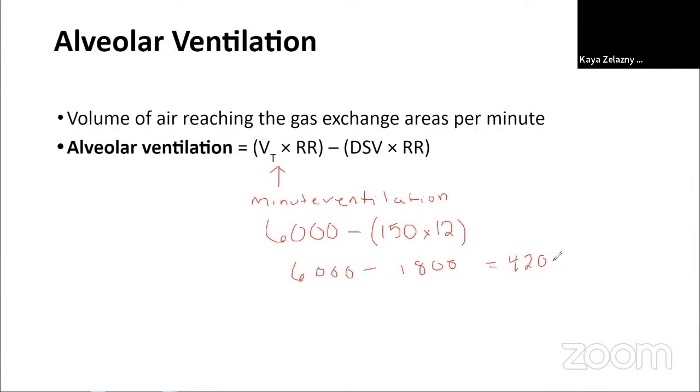I think that's right, assuming I did that math right. That's about what our alveolar ventilation should be. So all we're doing is taking the amount of air we breathed in and subtracting out how much of that was dead air, which for every breath was 150 milliliters.